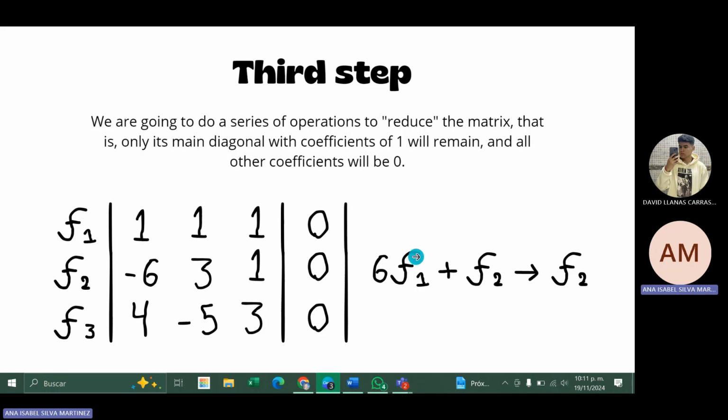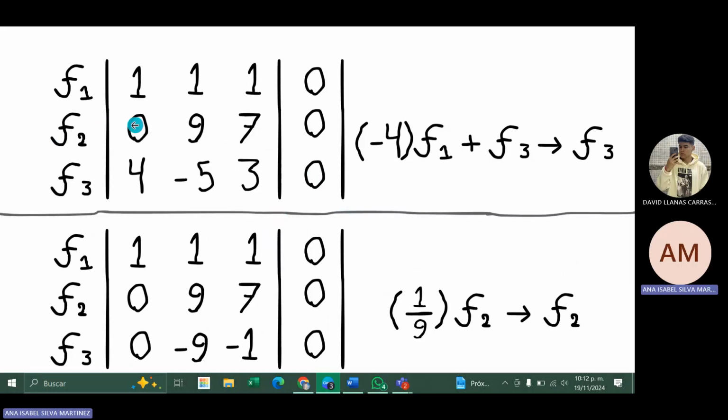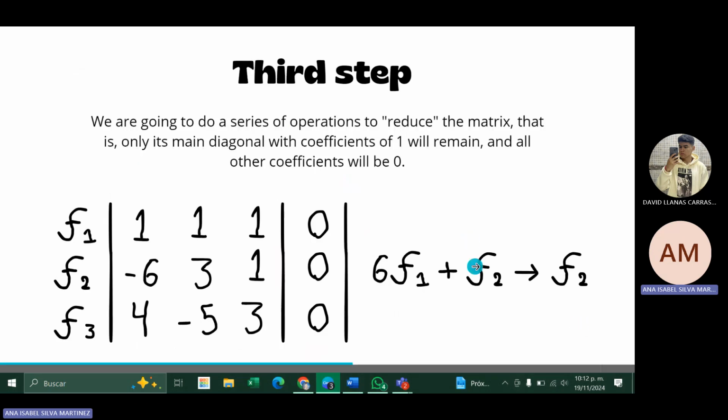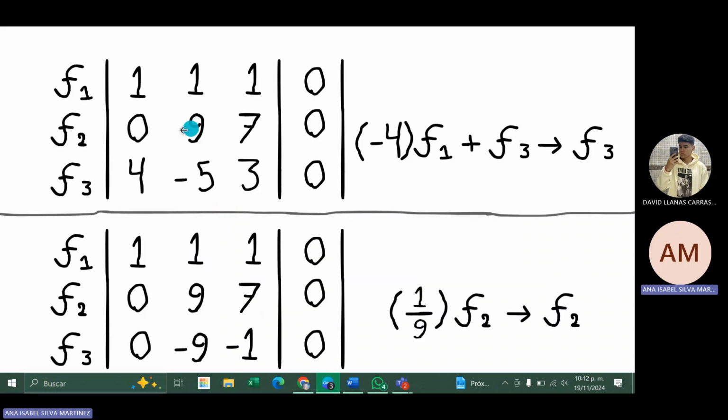For example, the 6 is multiplied by 1, and 1 times 6 is equal to 6, and 6 minus 6 is equal to 0. And that is the result that is written in here. And it's the same with the second column. 6 times 1 is equal to 6, plus 3 is equal to 9.